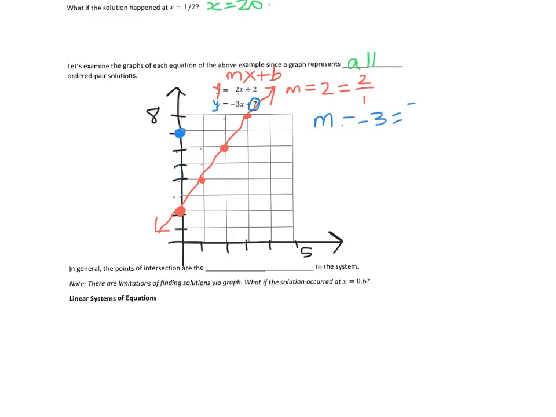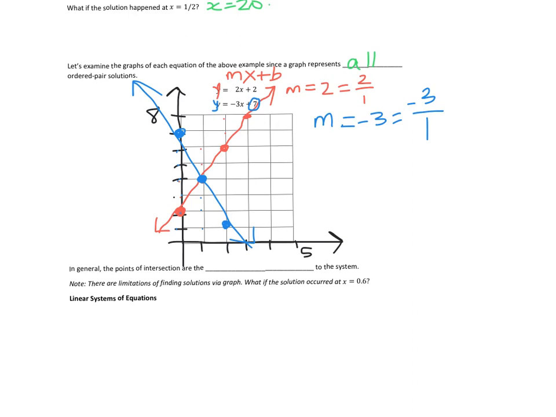So we can think of that as going down 3 and over 1. And now if we connect the dots, that blue line represents all ordered pair solutions to y equals -3x plus 7.